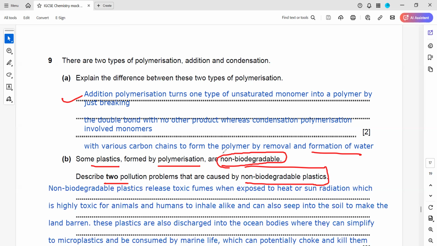Because it cannot decompose by itself, how can we dispose of it? Either we use a landfill or we burn them. When we burn, it produces a toxic gas. If we use a landfill, it will take up space. If it was a biodegradable polymer, it can break down by itself.